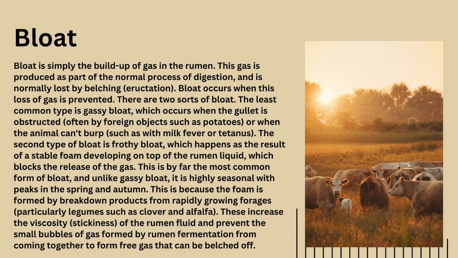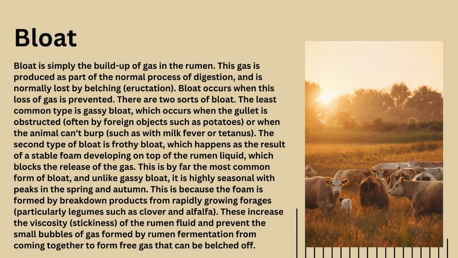The second type of bloat is frothy bloat, which happens as the result of a stable foam developing on top of the rumen liquid, which blocks the release of the gas. This is by far the most common form of bloat, and unlike gassy bloat, it is highly seasonal with peaks in the spring and autumn.